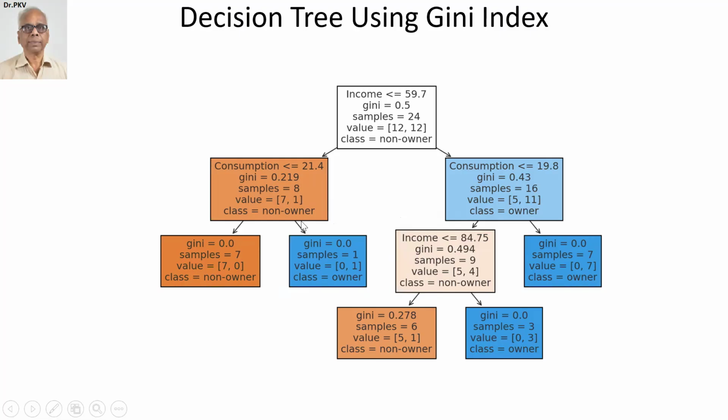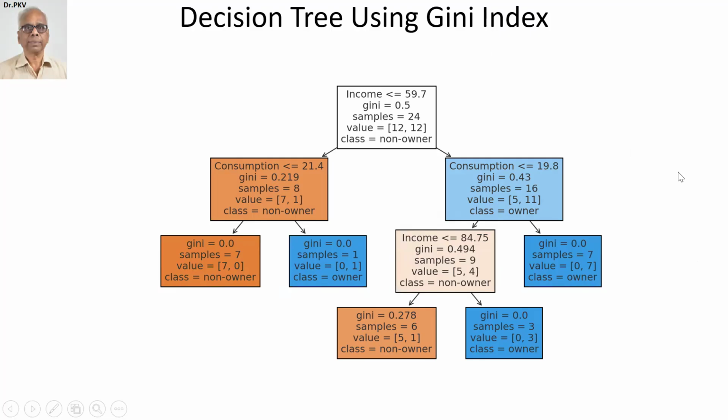So multiply 0.219 by 8 divided by 24, multiply 0.43 by 16 divided by 24, add these two, the weighted average will be around 0.36. And therefore, the gain at this stage is 0.5 minus 0.36, which is 0.14. You can easily do all these things. So this is the beauty of the algorithm using the Gini index.